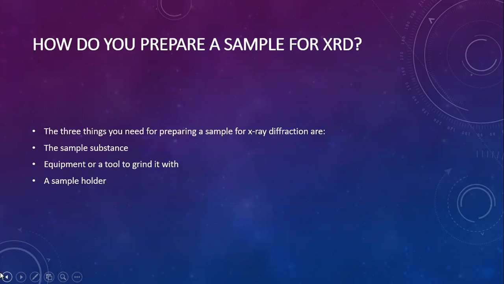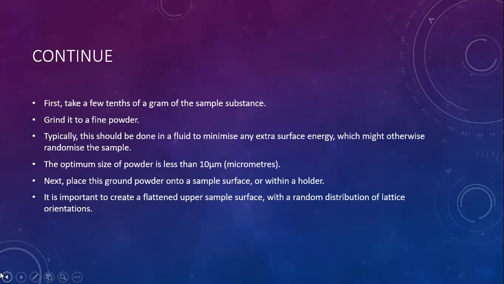Now, how do you prepare a sample for XRD? There are three things needed for the preparation of X-ray diffraction: the sample substance, equipment or tools to grind it with, and a sample holder. First, take a few tenths of a gram of the sample substance and grind it to a fine powder.